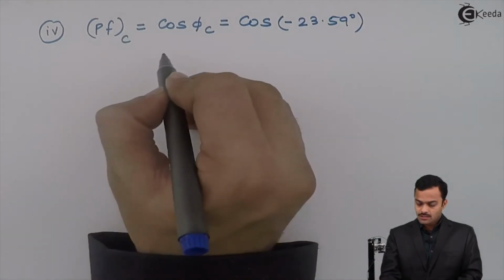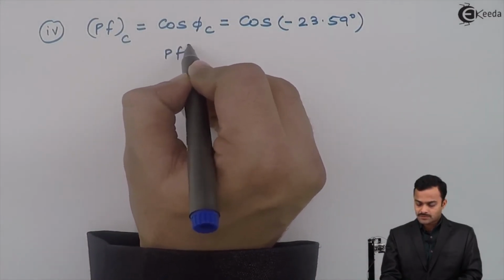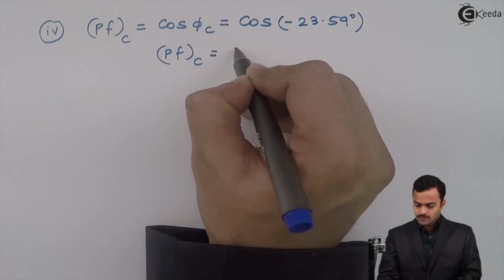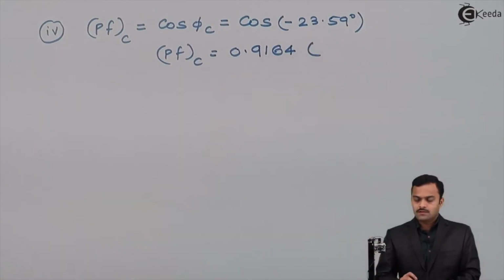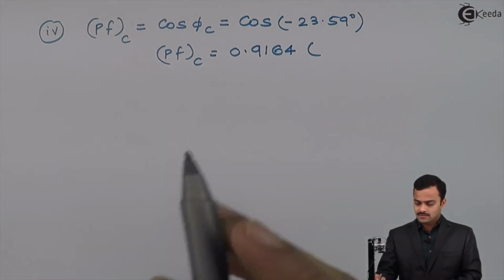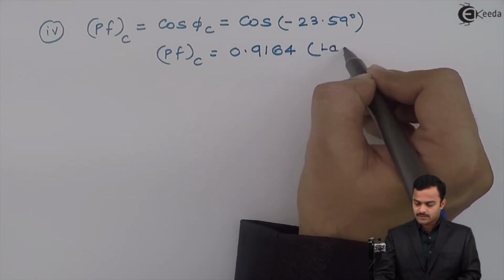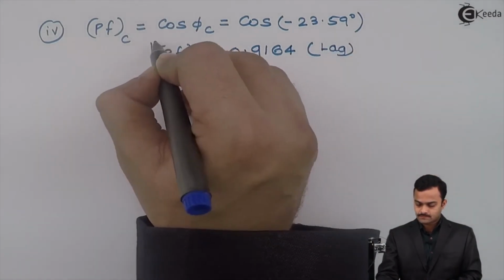If you solve, you will get power factor of the circuit equal to 0.9164. The angle is negative, that means it will lag voltage. Therefore, the nature of power factor is lagging.